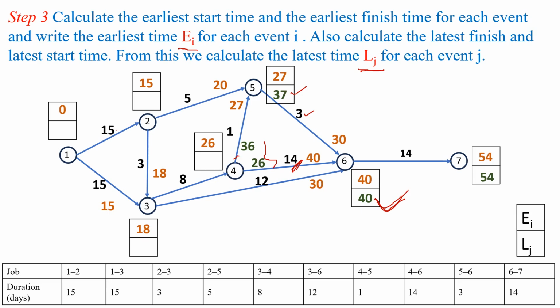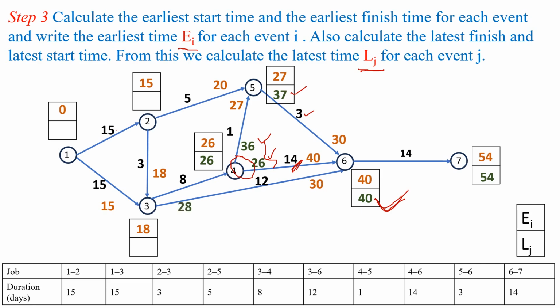So here observe that event 4 is the burst event for the activities 4 to 6 and 4 to 5. Among these two values 36 and 26 we have to consider the minimum value. In the backward pass computation method we have to consider the minimum value at the burst event. So latest start time at event 4 will become 26.